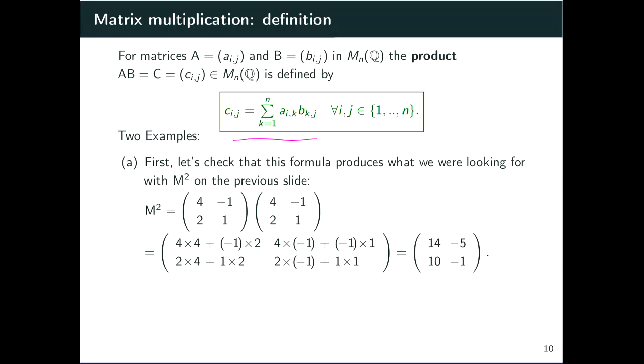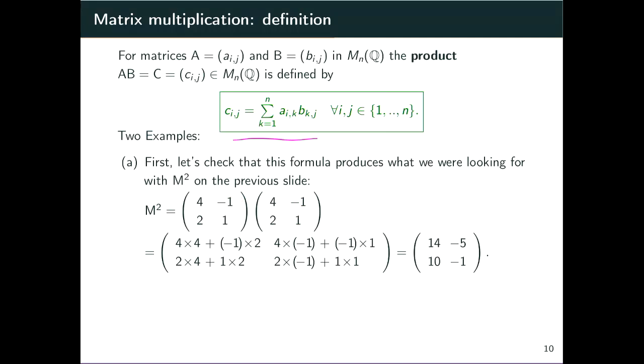Then for the first row, second column, you take this row dot producted with this column, so this is 4 times -1 plus -1 times 1.